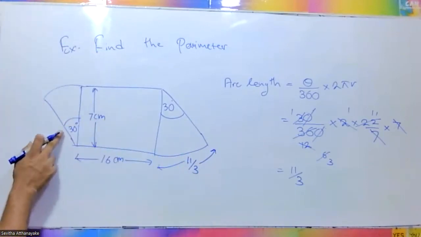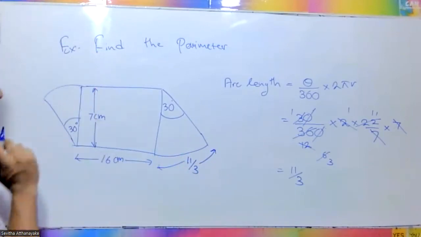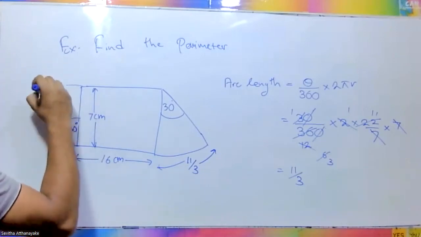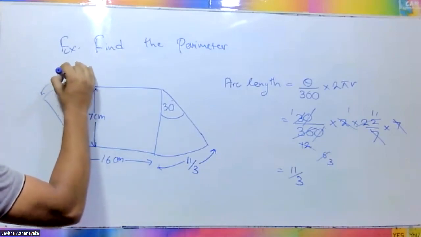Then this is also 30 degrees and 7 centimeters, so this arc length should also be 11 over 3.